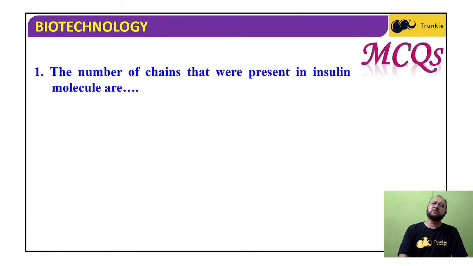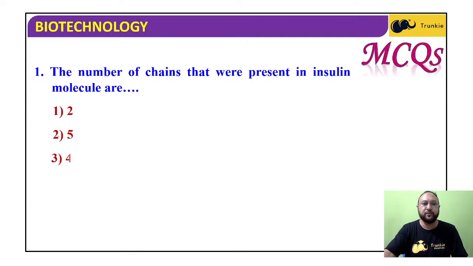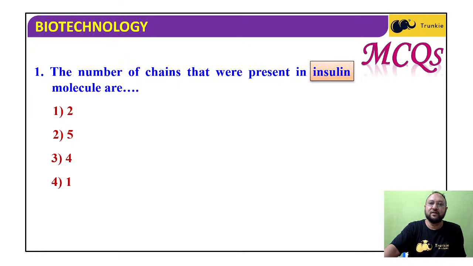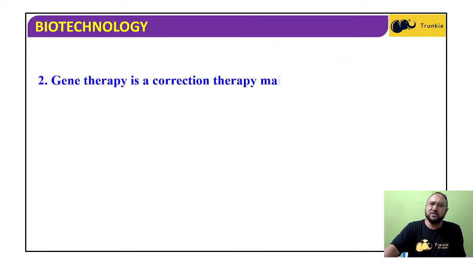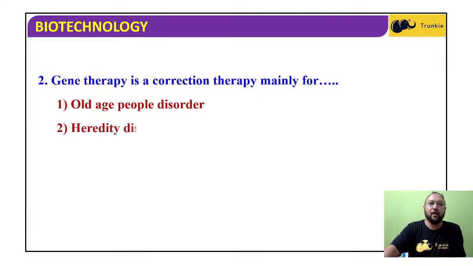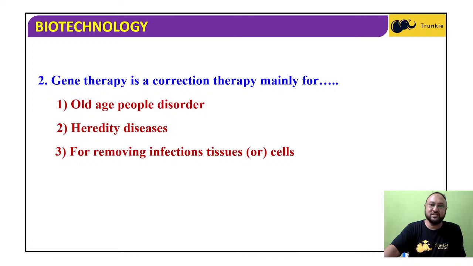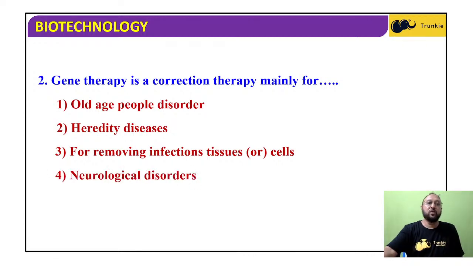The number of chains present in the insulin molecule is two, the A chain and the B chain, or alpha and beta. There is also a peptide, but actually two chains are there. Next, gene therapy is a correction therapy mainly for hereditary diseases.